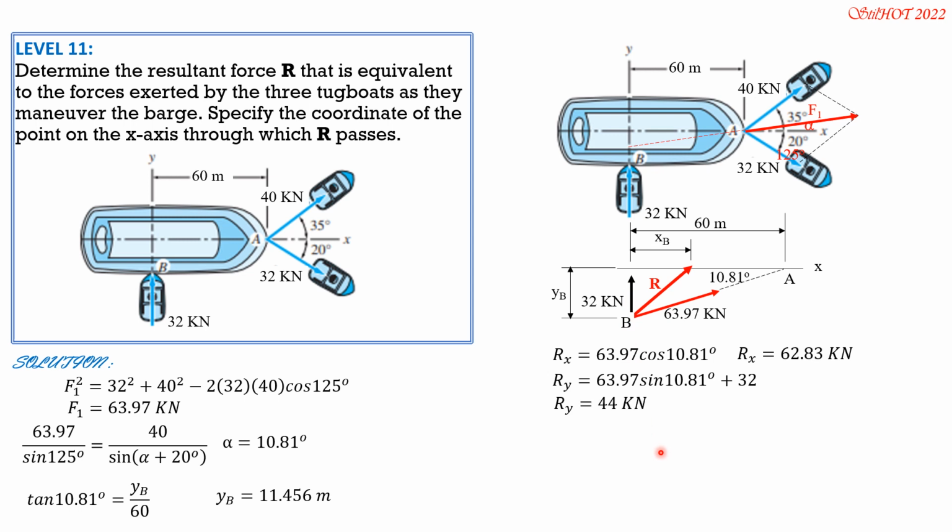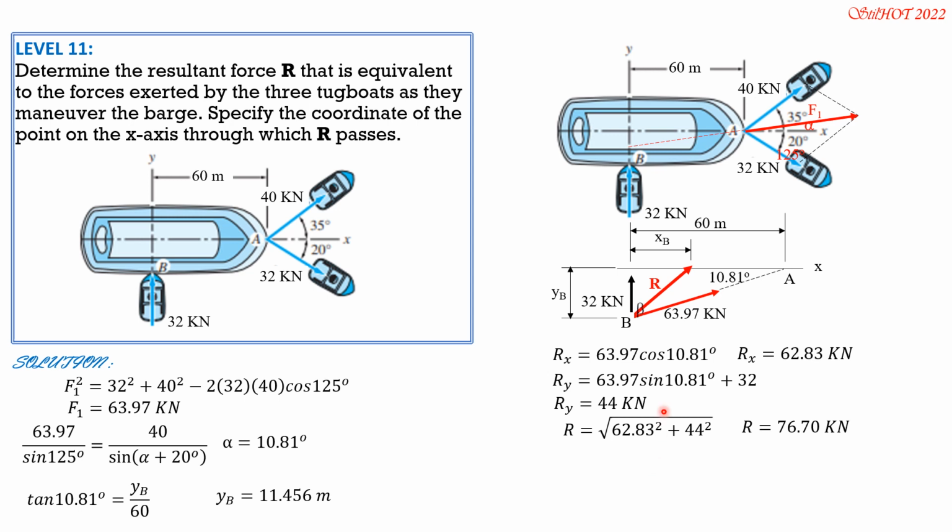So Ry is 44 kilonewtons. The magnitude of R is the square root of 62.83 squared plus 44 squared, although not required. We may express our answer for R, because this is a vector, in vector form later. You might give the resultant and the angle if you want.